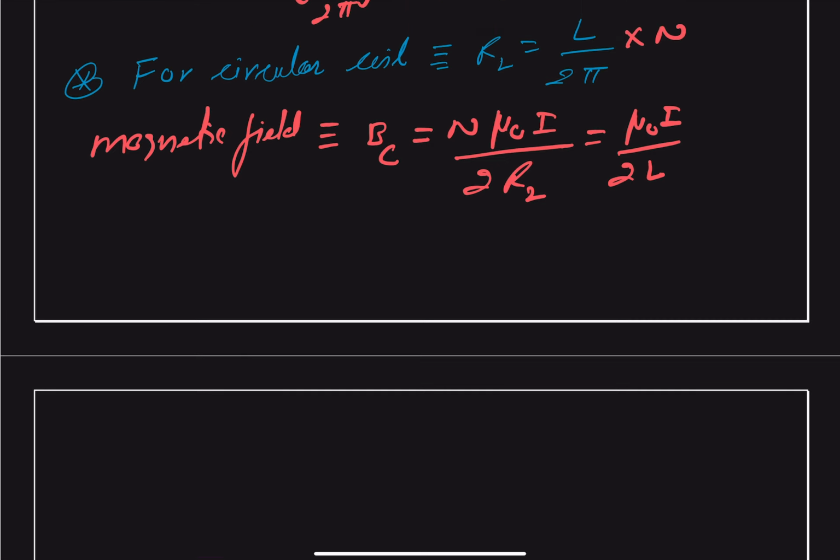and R2 is L upon 2 pi multiplied by n. So this will be n times R2, giving me R2 is equal to L upon 2 pi n.